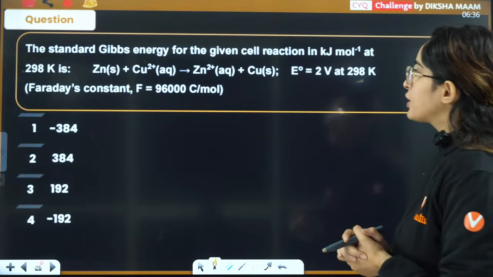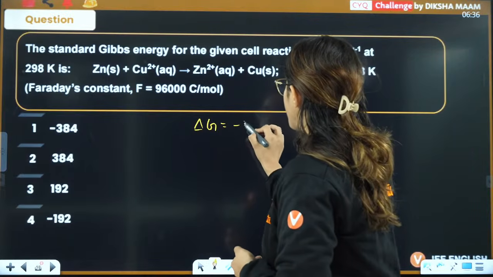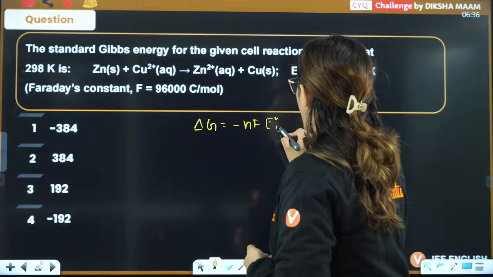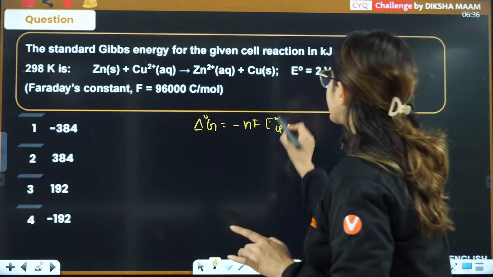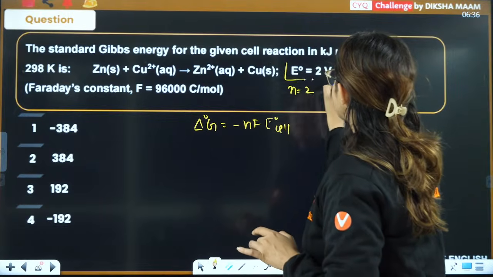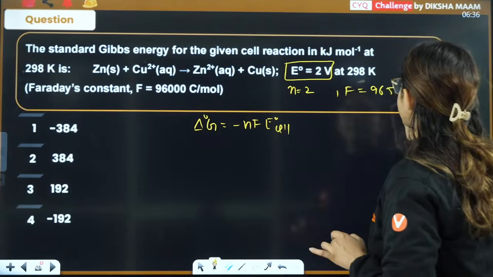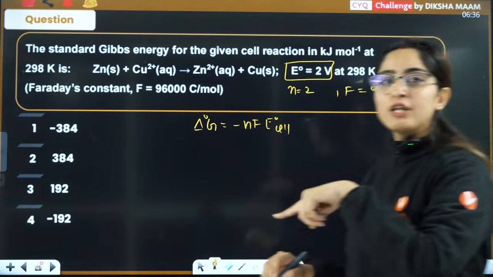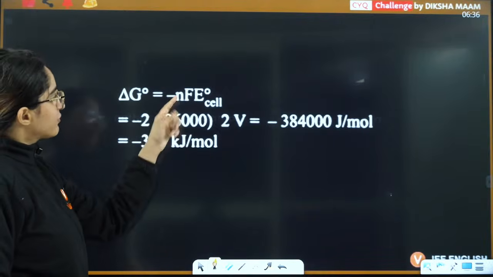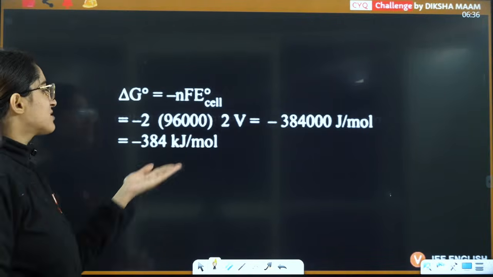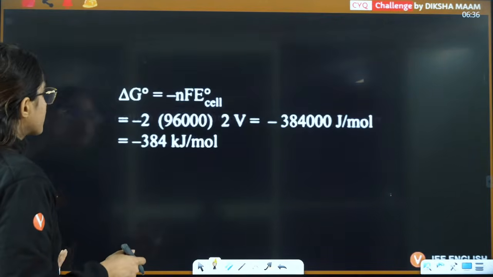Now they are asking you delta G. So what is delta G? Delta G is equal to minus nF E naught cell, right? E naught cell is given to you. The n factor is 2 here. E naught cell is given to be 2. Faraday is going to be 96500. Put all the values here and you will get your answer. Whether you use 96500 or 96000 is your choice, but I take it as 96500.